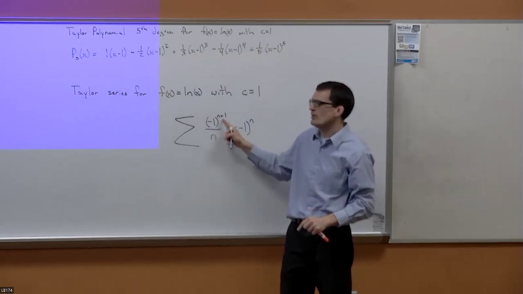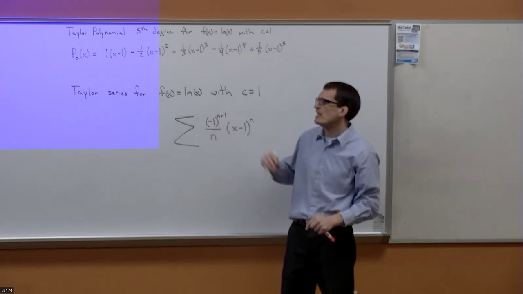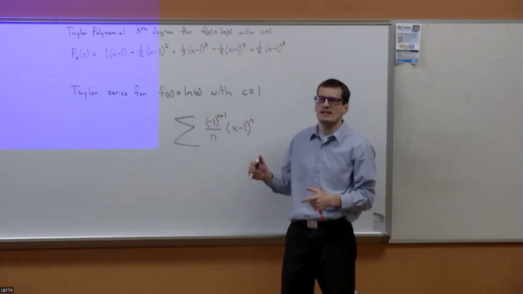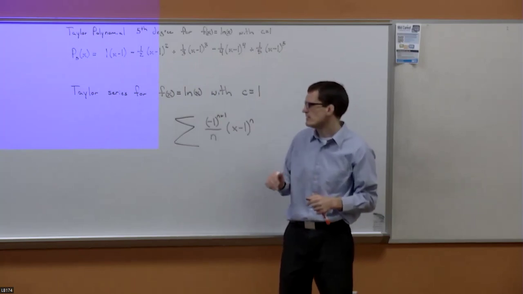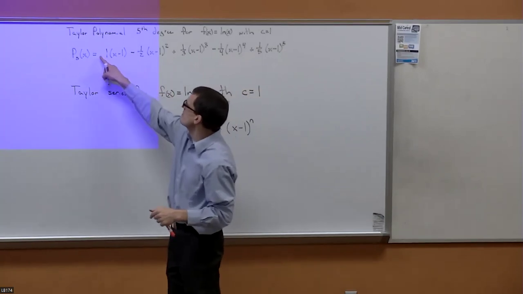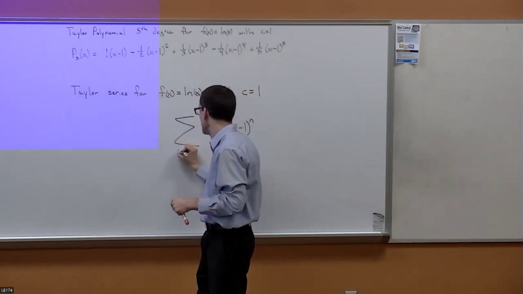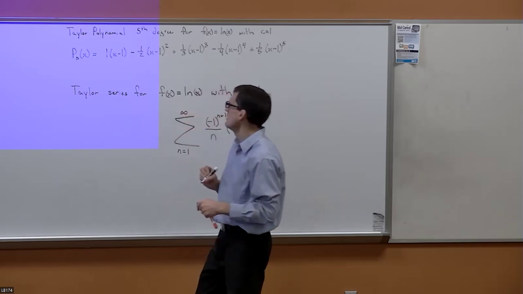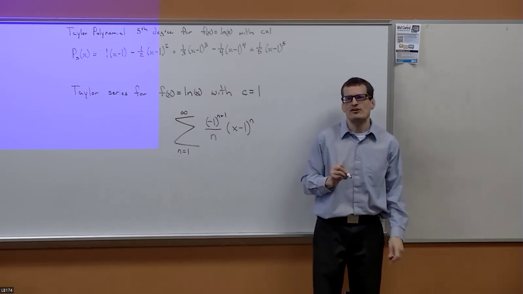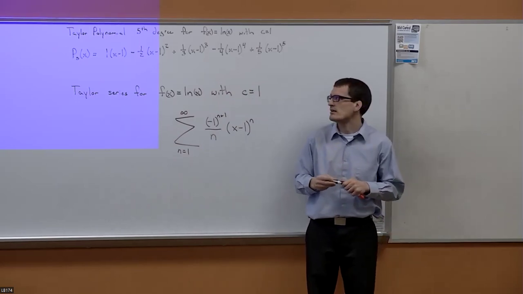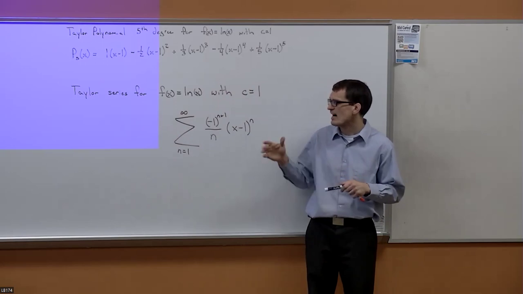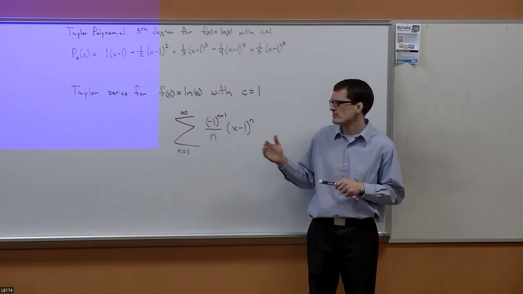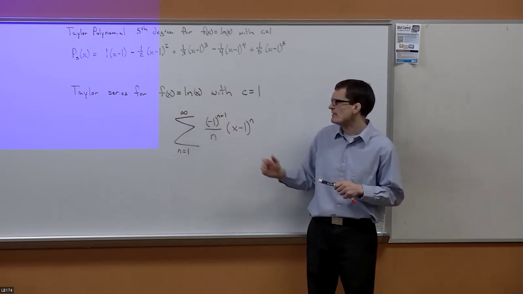So I need n plus 1 for my exponent. In the previous one, we needed (-1) to the n. And because I don't have a constant term, a degree 0 term, I'll start my count at 1.